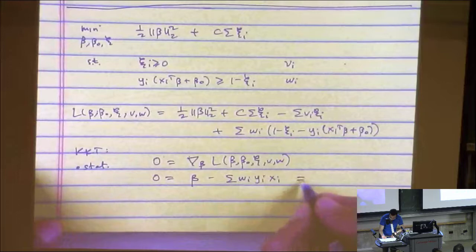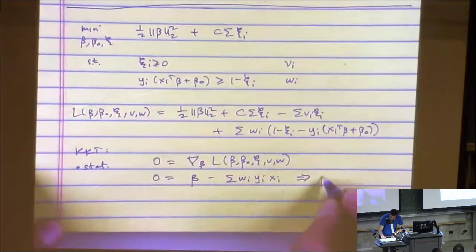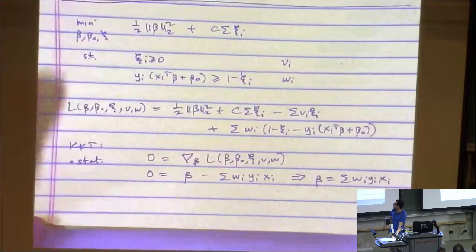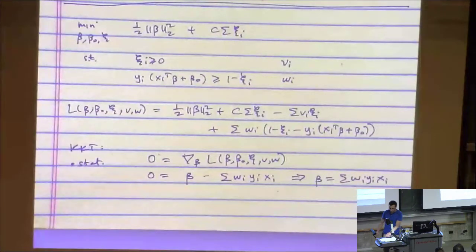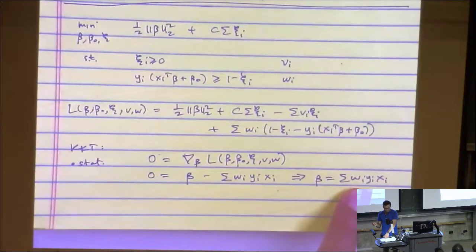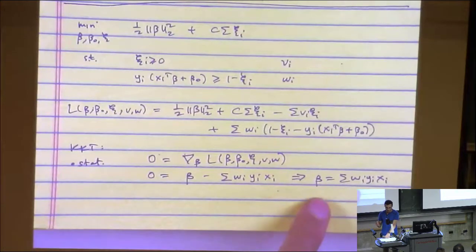So that tells me that at the solution, beta is equal to the sum of w_i times y_i times x_i. That's kind of neat because that's a formulation for the main thing we care about in the primal, which is the slope that determines the hyperplane, in terms of a dual variable. So if you were to solve the dual, this is the equation you'd use to get back a primal solution, at least in terms of beta.